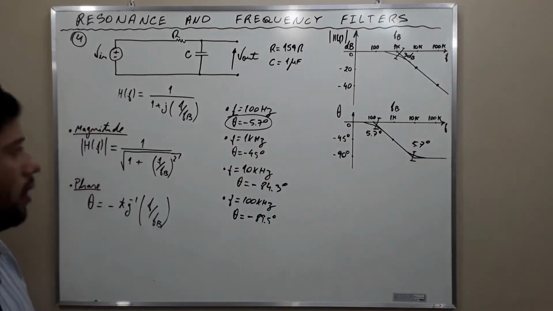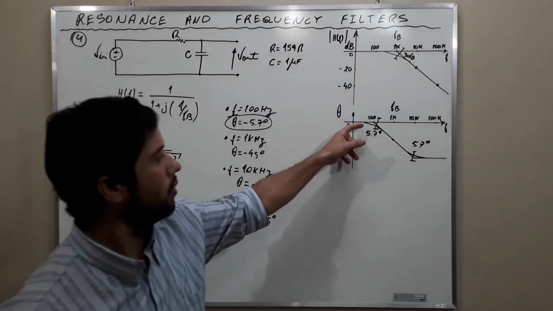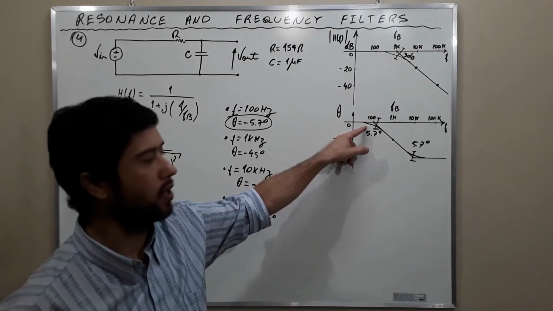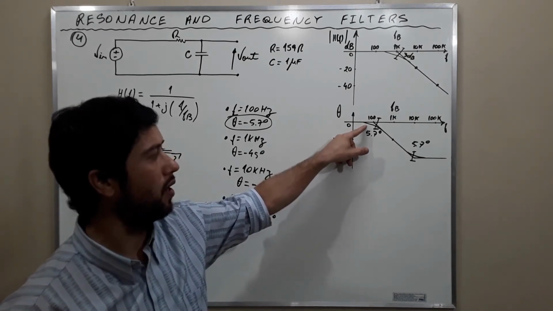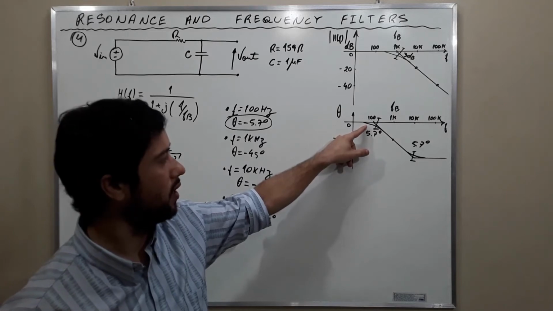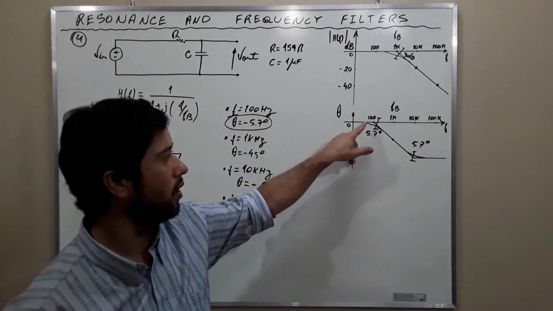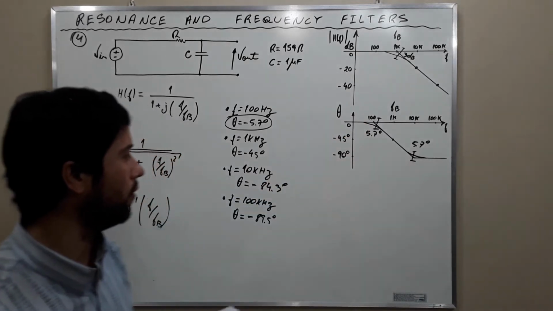Okay? At the moment the curve leaves the x-axis, that is this deviation of 5.7 degrees. Okay? Here and here. All right?